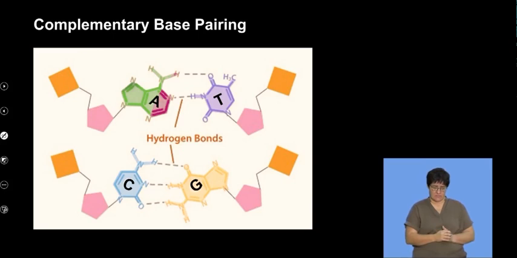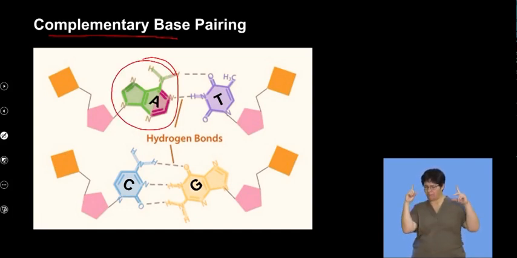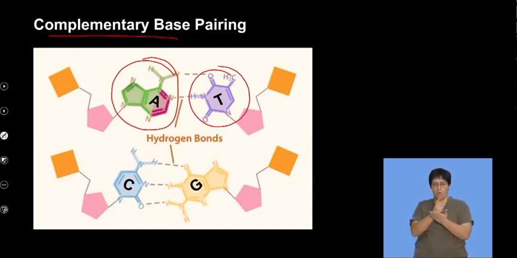Now guys, here's obviously the chemical structure showing you complementary base pairs. What I need you to understand is that, yes, this is important in terms of understanding the complexity behind the chemical structure of adenine, but more especially than that, it's for us to understand that in any complementary base pair which we see here, there's always a purine and a pyrimidine base pair connected together, and you will see that there's a double ring structure here on your adenine and your single ring structure in your thymine.